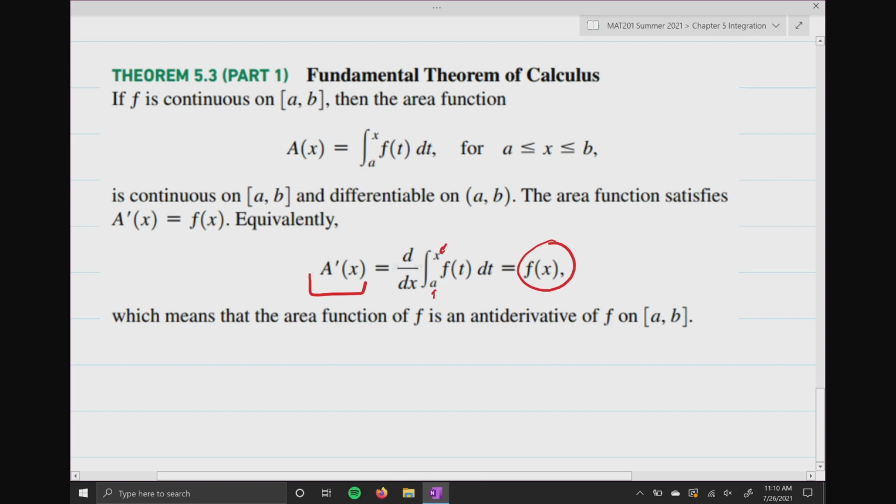An easy way for me to think about this: if you have velocity and you integrate the velocity, that gives you displacement.